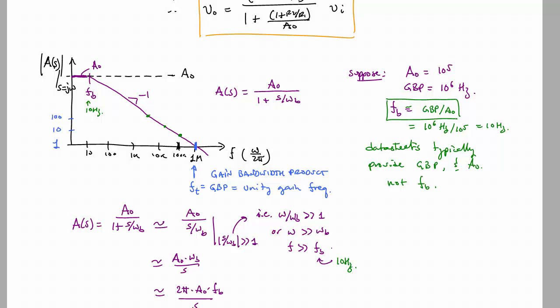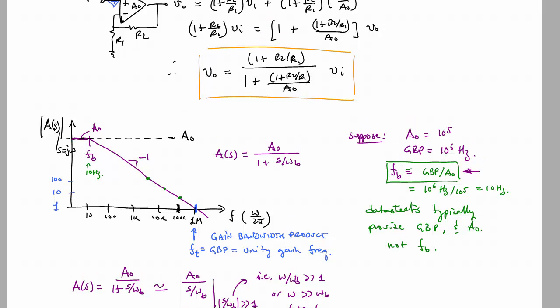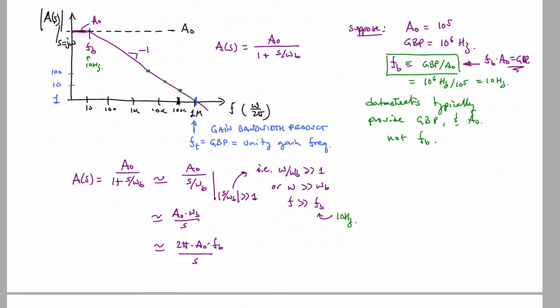But we saw from up here that fb times A naught is equal to the gain bandwidth product. So we can use that over here.